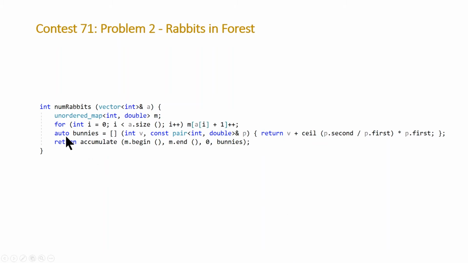So here we're just creating a lambda that does our calculation that we want, and then using the accumulate function. And of course, this solution is going to be linear in runtime because we only have one loop, and our insertions and retrievals on our unordered map are constant.